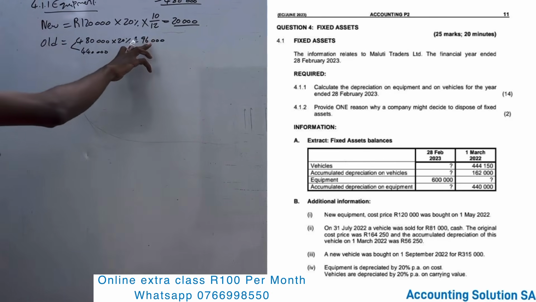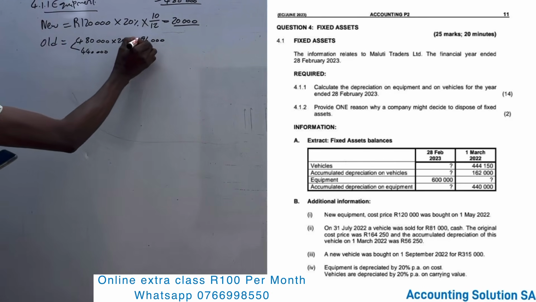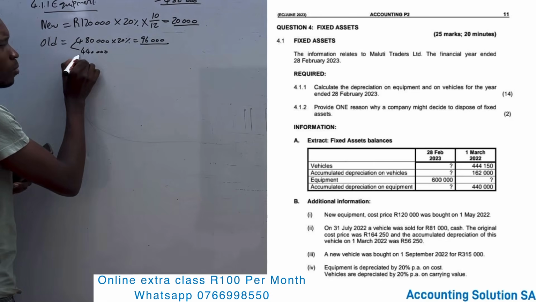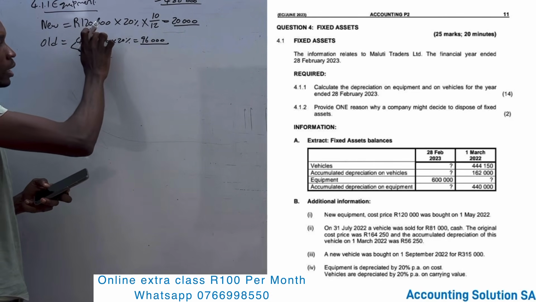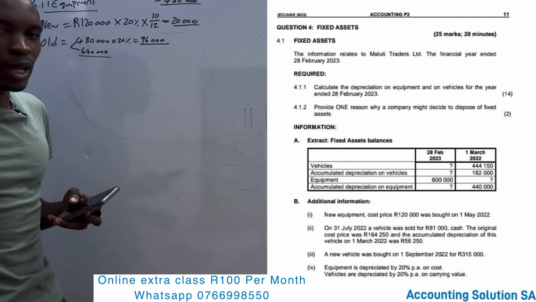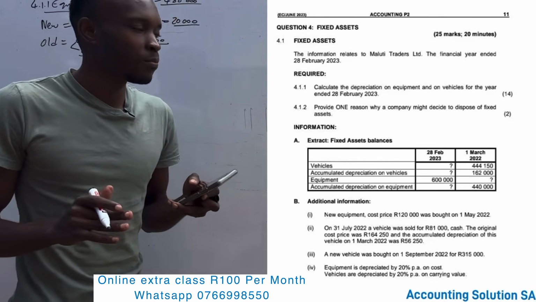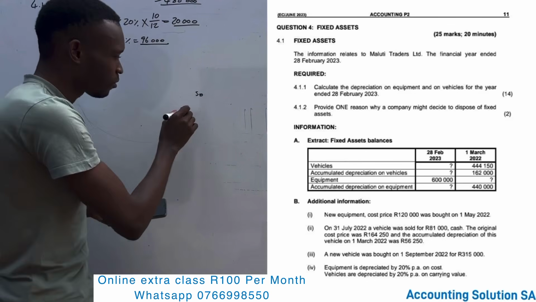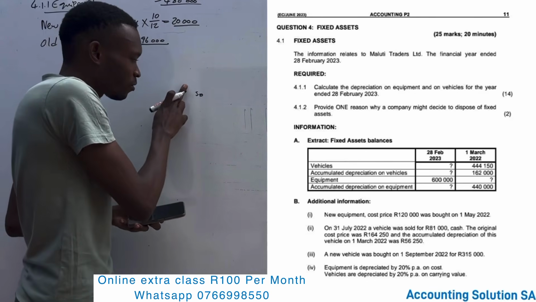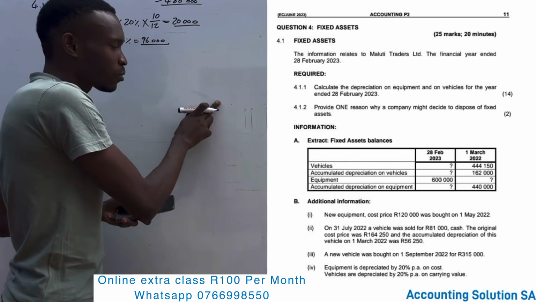But if you add this 96,000 of depreciation to the accumulated depreciation, is it going to exceed the 480 of our cost price? Guys, if the value of an item is 50 rand, it can't be depreciated by more than 50 rand. It's rather left with 0.